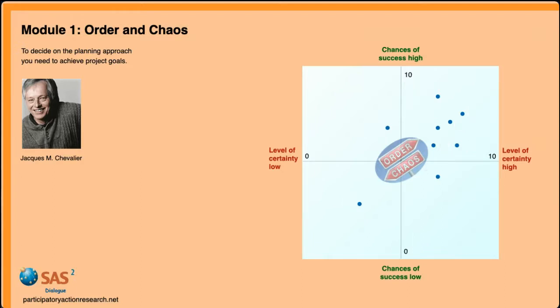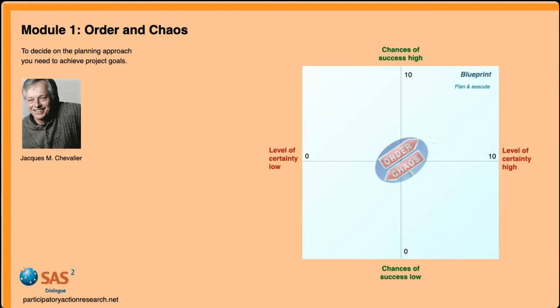The four quadrants in the diagram reflect different planning situations. That is, four different ways to handle difficulties and uncertainties associated with real-life projects. All scenarios are equally valid. They're just different and require a different approach to planning.